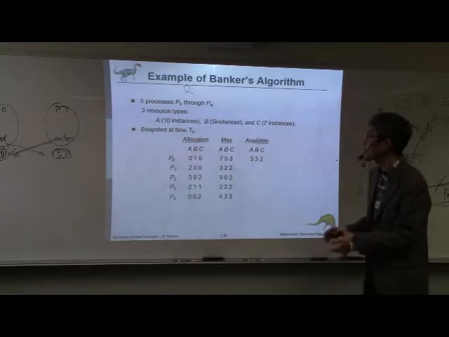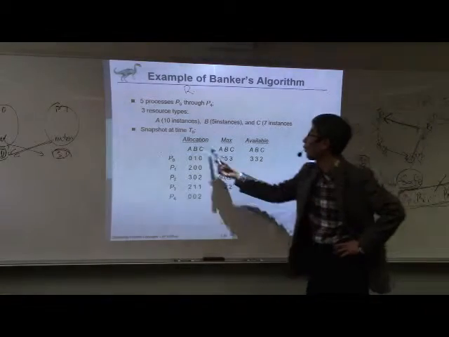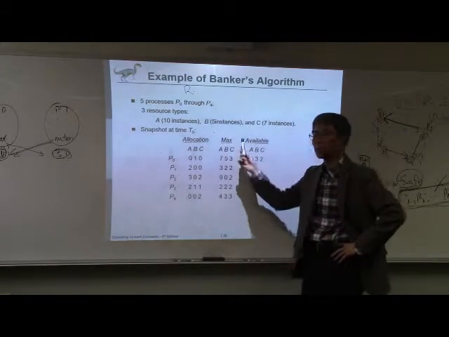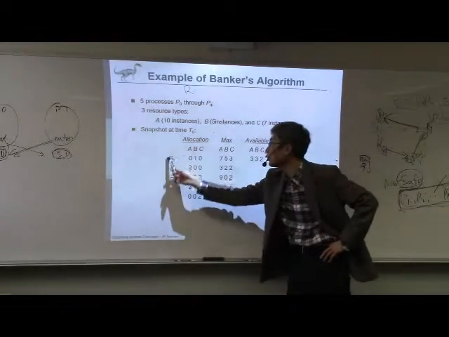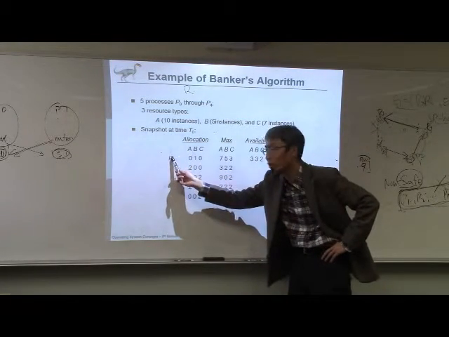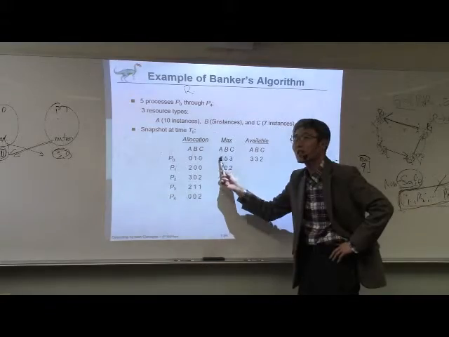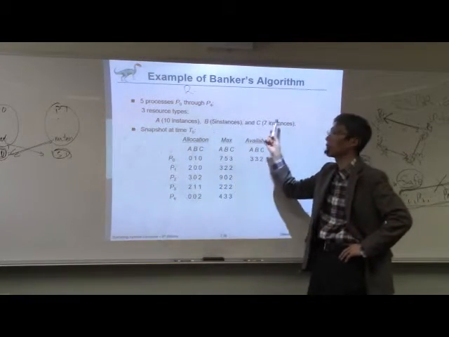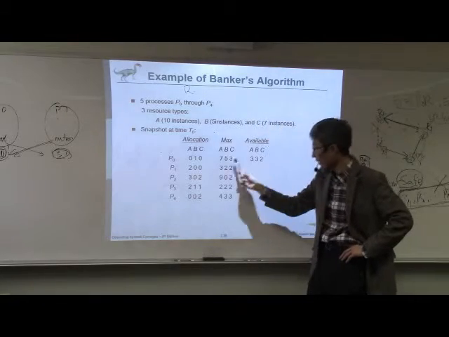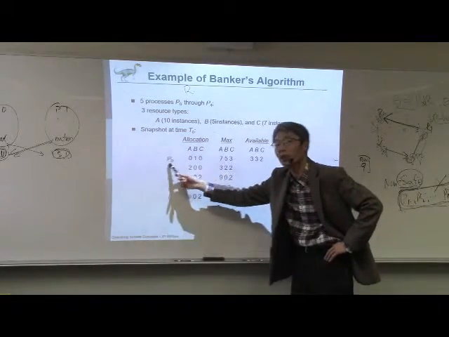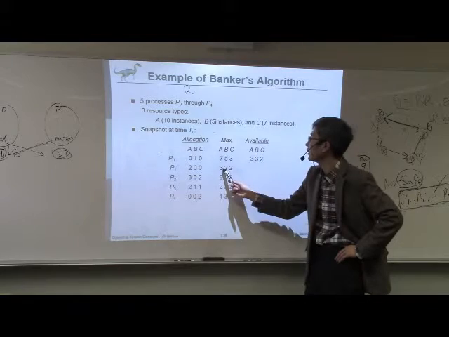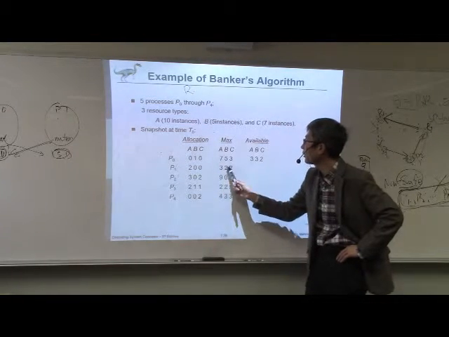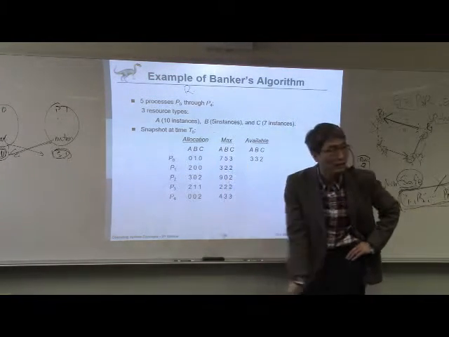Then, first, the allocation. What is max first? Max means what is needed to terminate P0. For this process we need 7 of A, 5 of B, and 3 of C. Similarly, to terminate P1, we need 3 of A, 2 of B, 2 of C, and so on.